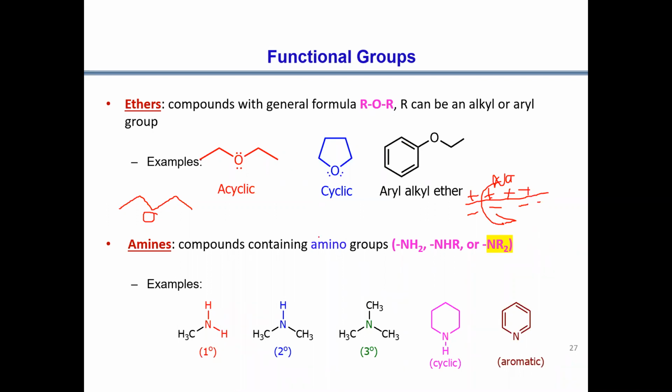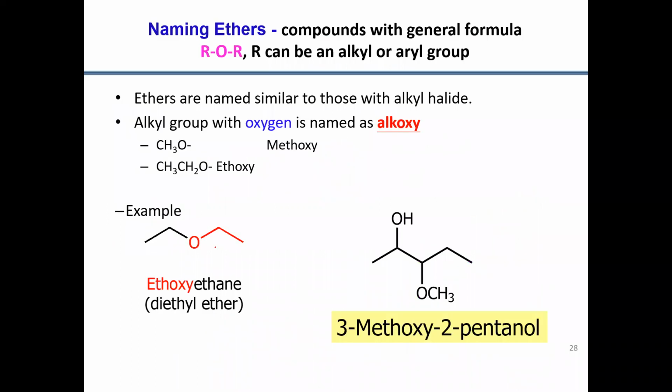Now talking about the nomenclature of ethers, the IUPAC names of ethers. If we have oxygen along with a group, for example methyl with the oxygen, it becomes an alkoxy group, so we call it methoxy.